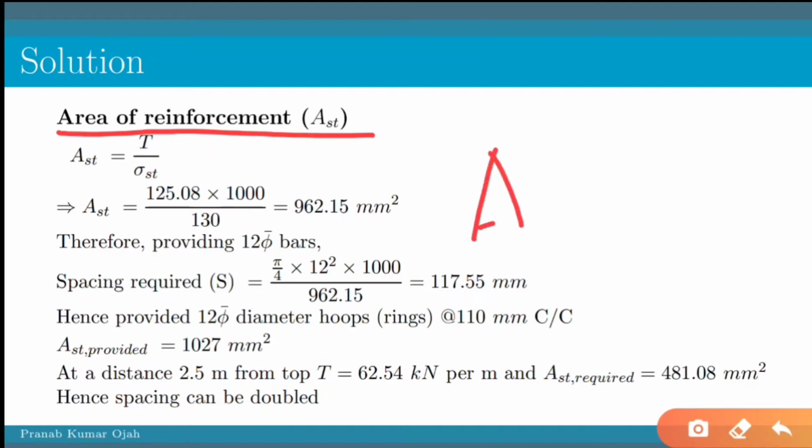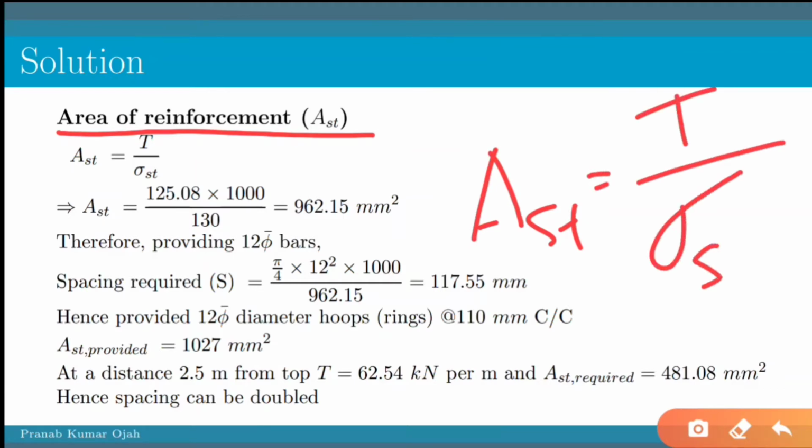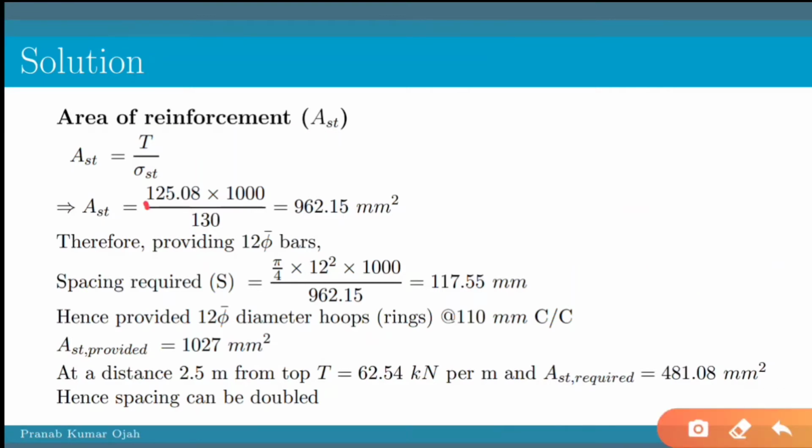So Ast equals tension, meaning hoop tension, divided by sigma st. Okay, so the hoop tension is converted to Newton and then it is divided by sigma st, which we have already noted down from the given table of IS 3370, which is 130, and the required Ast comes out as 962.15 mm square.